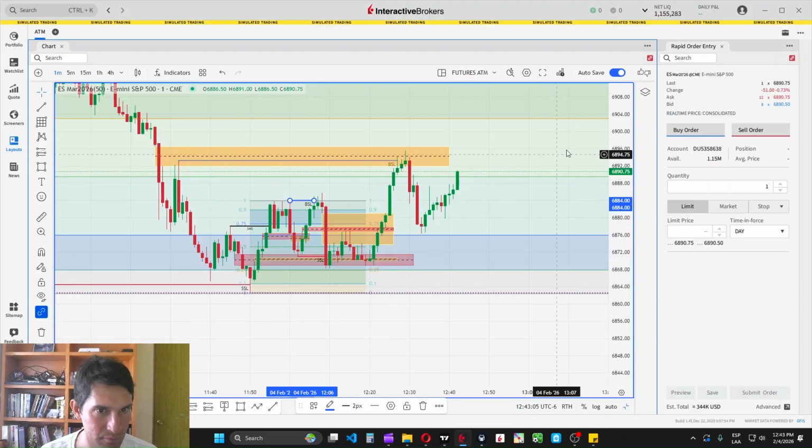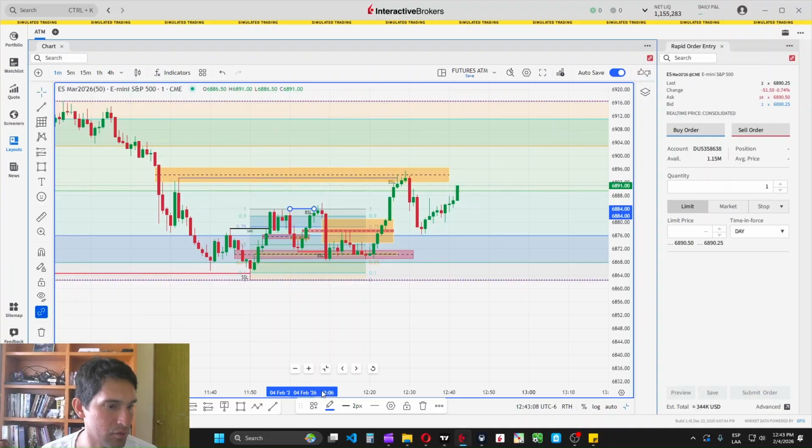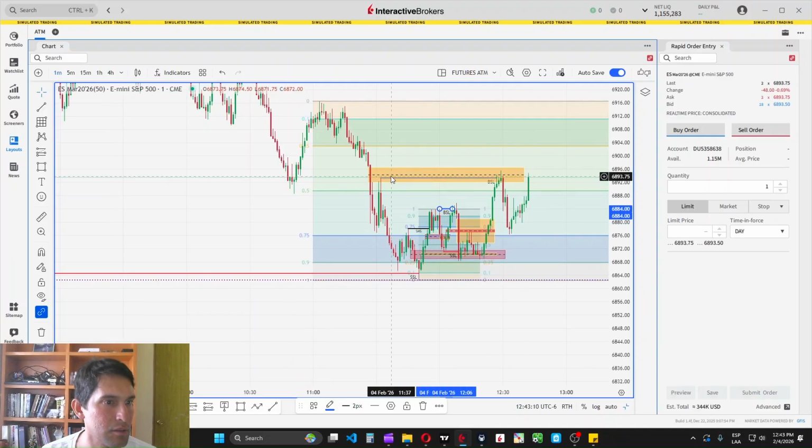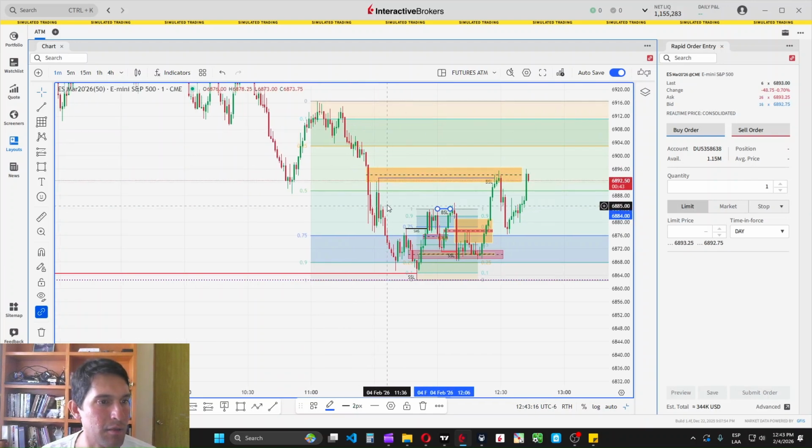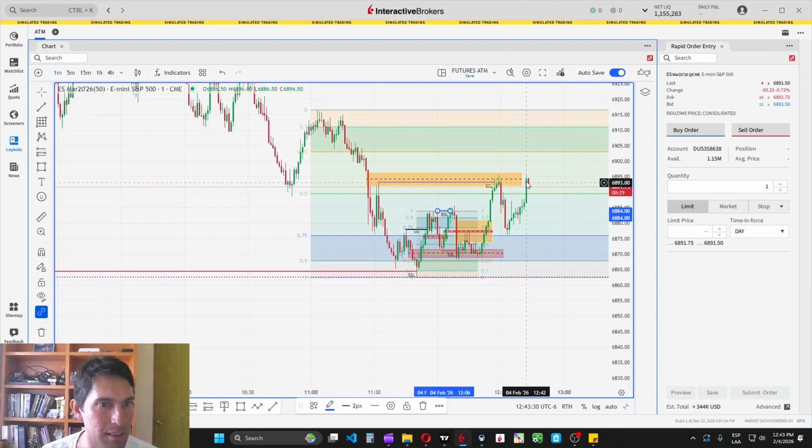If this thing goes up more, another area is this one right here, this fair value gap right here. But areas that are more likely to be visited by price are the ones with consecutive red candles in this case, or green candles if we are going to the downside, right? So those are the things that I want you to notice.